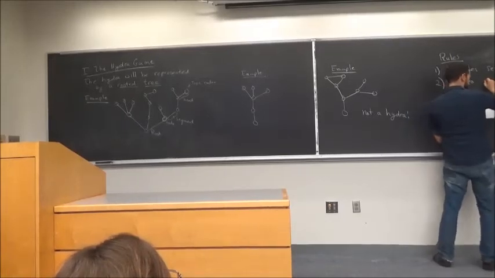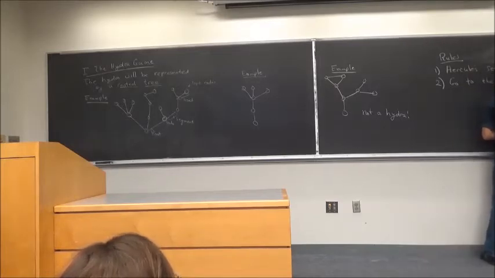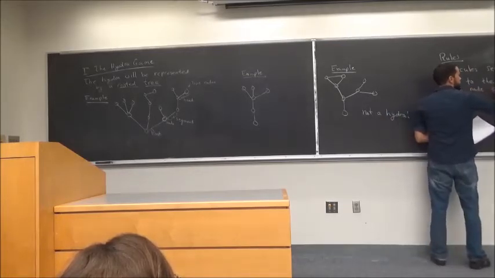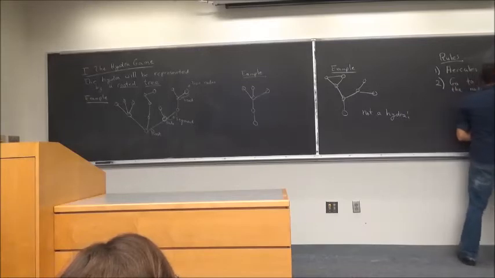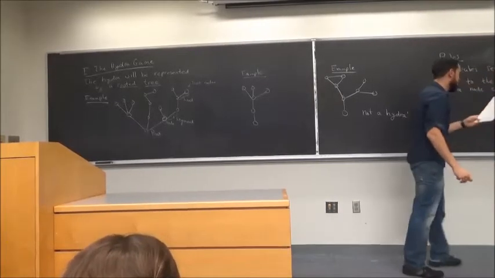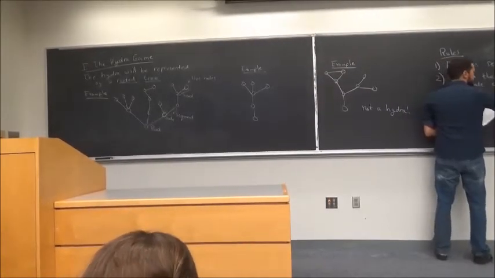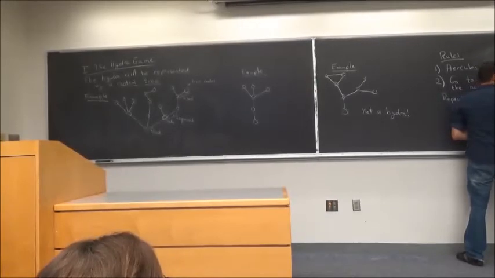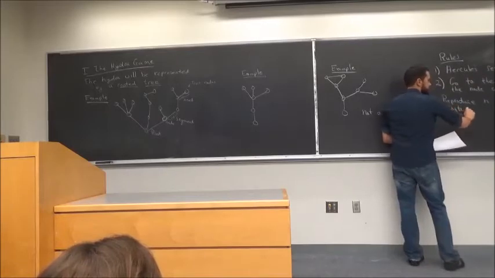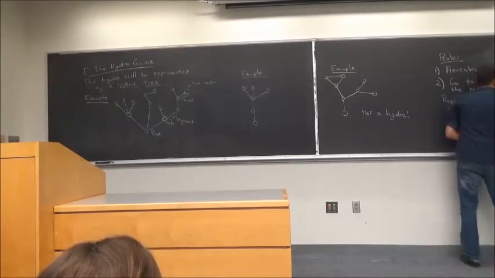Go to the node right below, the node connected to the severed head, and reproduce n copies of the subtree containing the head stump at the selected node.